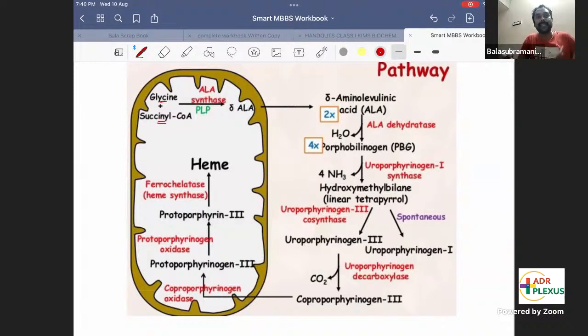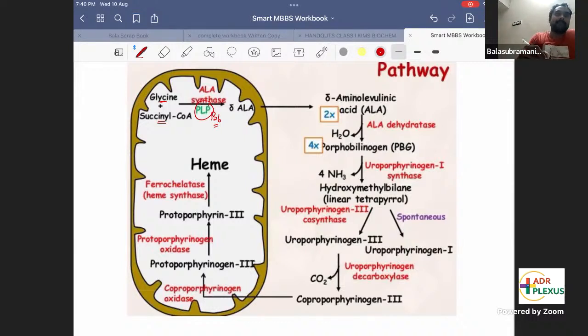The cofactor is B6. Whenever pyridoxine is not there, heme is not synthesized, hemoglobin is not there, and this can lead to anemia. So vitamin B6 deficiency can also lead to anemia. That is exactly the point you must know.